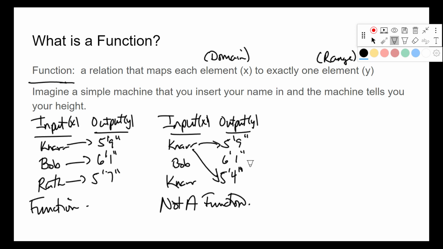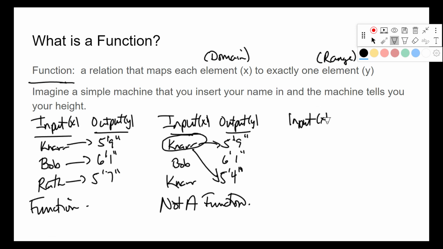I can't have two different heights. My input, my x value, my name, doesn't have exactly one output. It has two different outputs, 5'9" and 5'4". That's an example of something that's not a function.